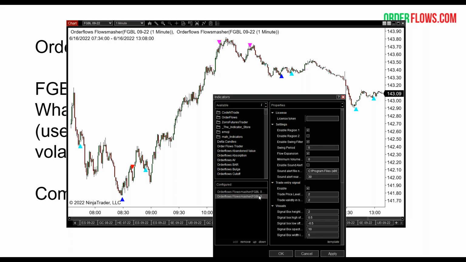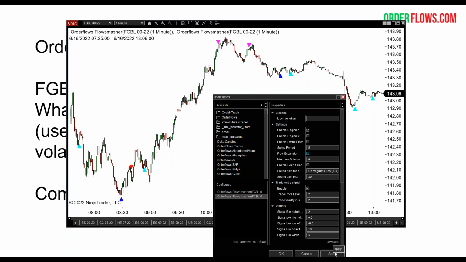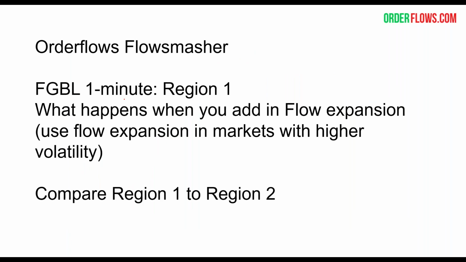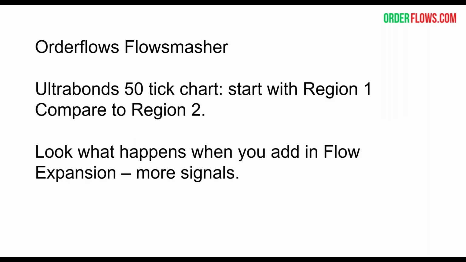You don't necessarily have to worry about a lot of herky-jerky movements, somebody sneezed and the market rallied 3 points or anything like that. So that is bunds. Again, for bunds, region 1, you can compare region 1, region 2, but flow expansion, I would not use flow expansion in there.